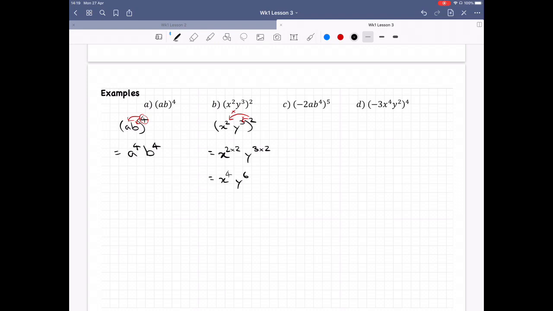If we have a coefficient added as well, we're going to use the same rules, only this time this 5 needs to be applied to all 3 terms that we now have inside the brackets.